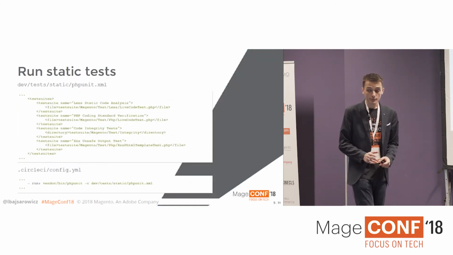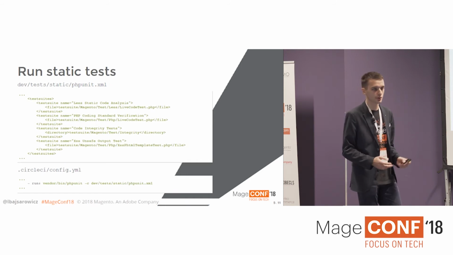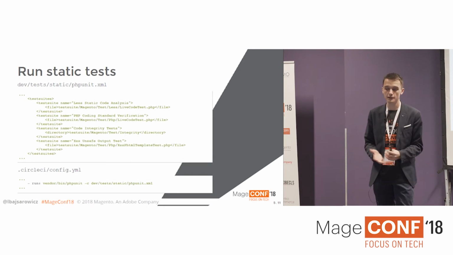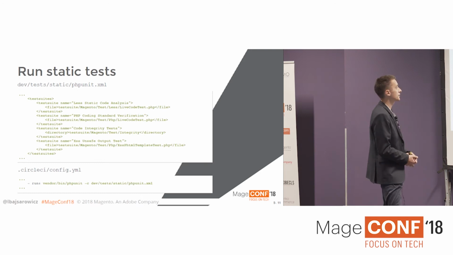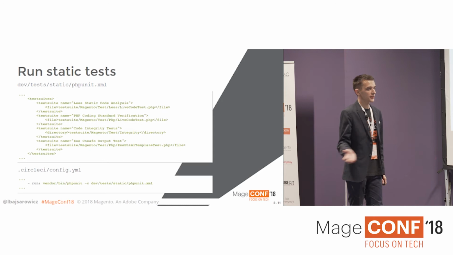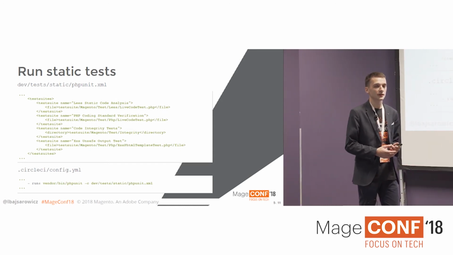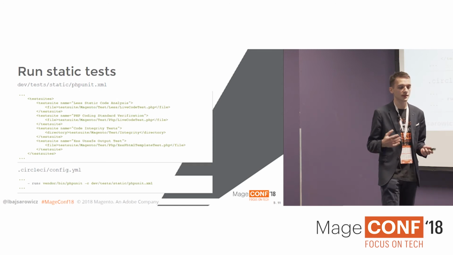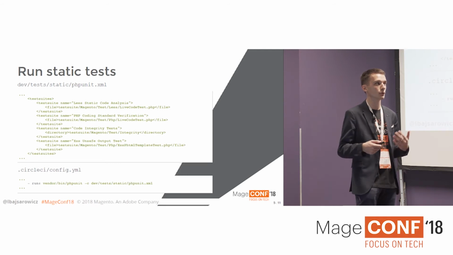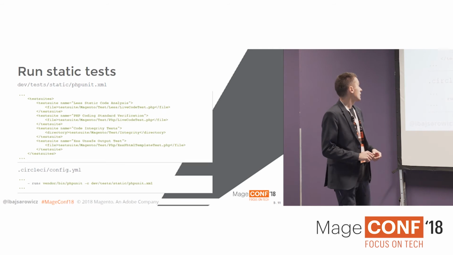Another thing, are static tests. And I mentioned that I just copy-pasted this file, I removed all the unnecessary stuff, and I left only the tests I want to perform. But static tests test the whole environment. So even if you want to test only the scope of your code quality, you will be testing the whole Magento.